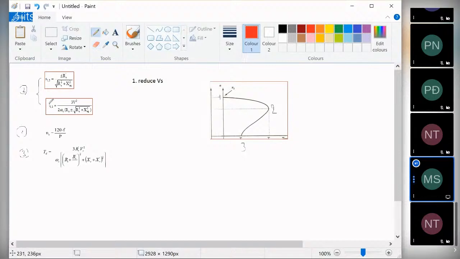The maximum torque will increase, reduce, or stay constant? Reduce. Very good. How about the last one, the starting torque? Reduce. Okay. So we can draw out the artificial response in this case: constant synchronous speed, reduced maximum torque, and constant maximum slip.